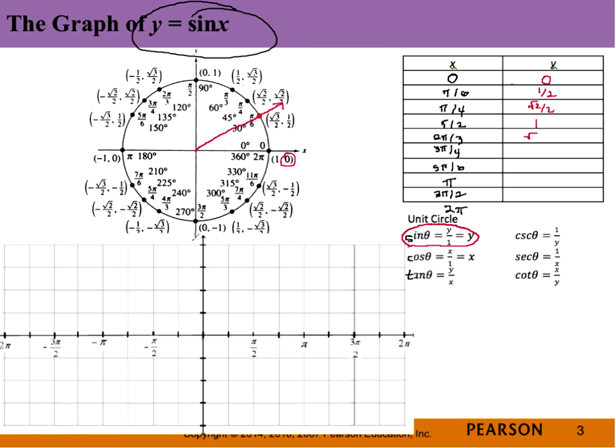Sine of 2 pi over 3 is square root 3 over 2. Sine of 3 pi over 4 is square root 2 over 2. Sine of 5 pi over 6 is 1/2. Sine of pi is 0. Sine of 3 pi over 2 is -1, and sine of 2 pi is 0.